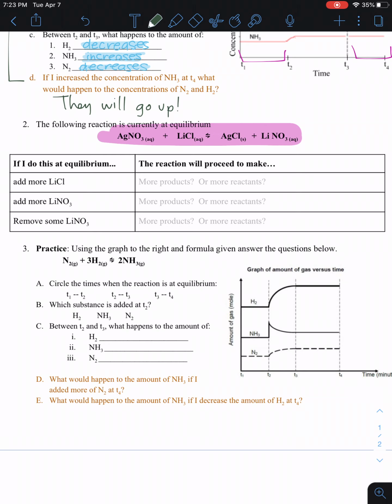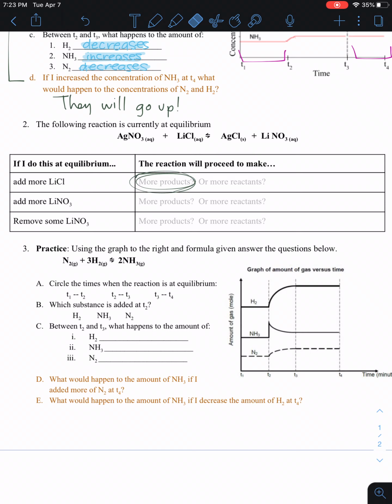If I add more lithium chloride, more and more, and say okay, reaction, go, respond to this stress. I'm stressing the left side, so it's going to shift to make more of the right side, which are the products. So we would say more products.